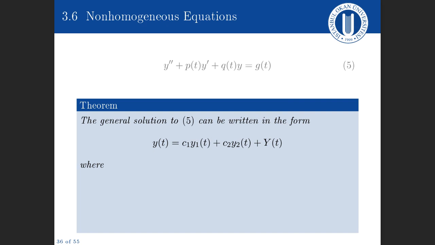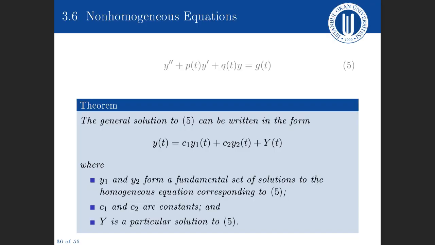The general solution to equation 5 can be written like this: c1y1 plus c2y2 plus capital Y, where y1 and y2 form a fundamental set of solutions to the homogeneous equation corresponding to 5.